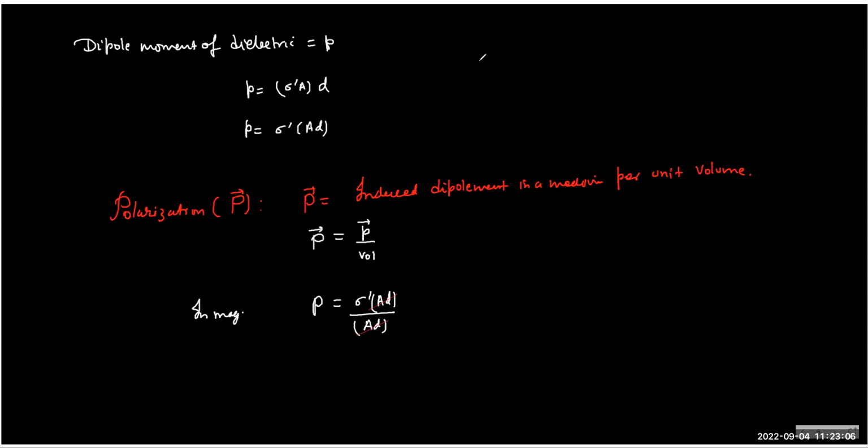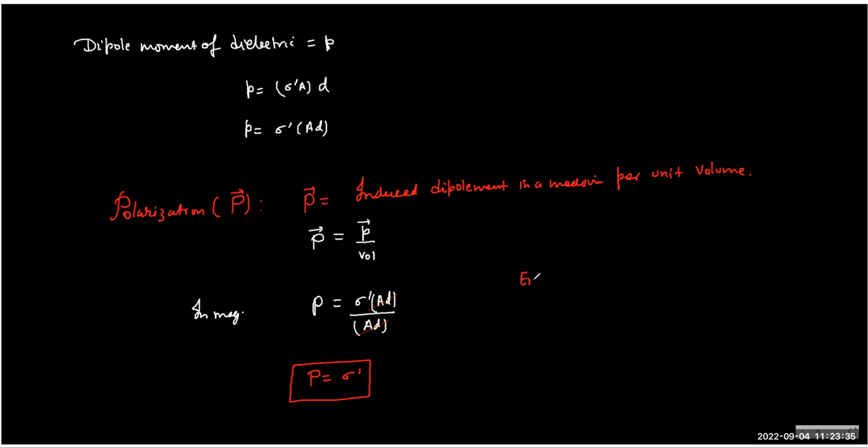So basically the polarization is nothing but the surface charge density of the induced charge, right? So for a dielectric kept in between, this is the polarization. Is it clear? Sigma dash. Yes. Okay.